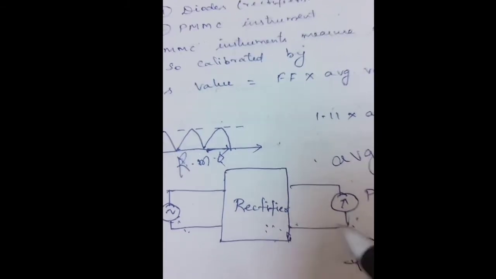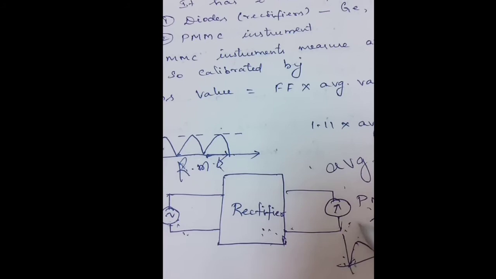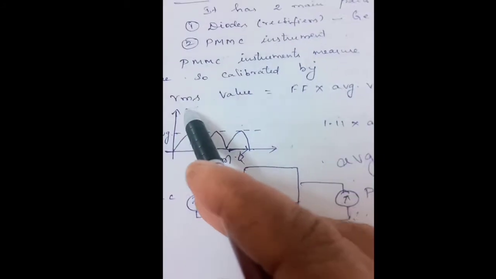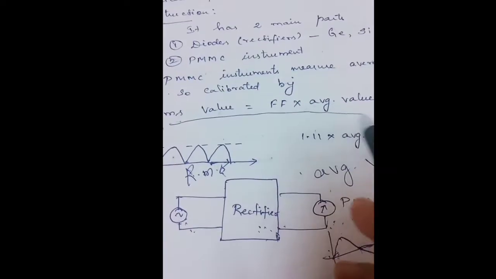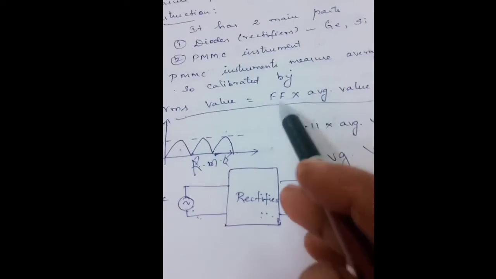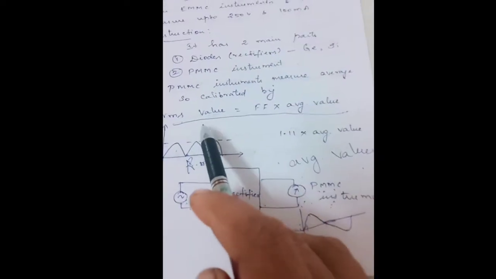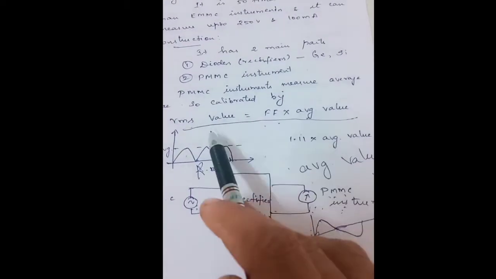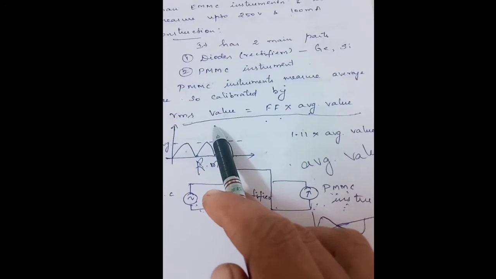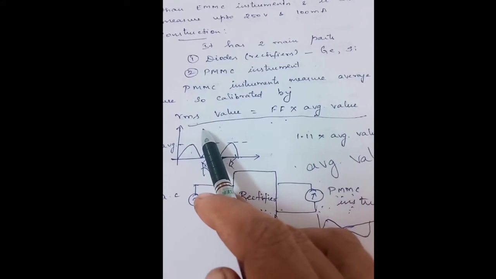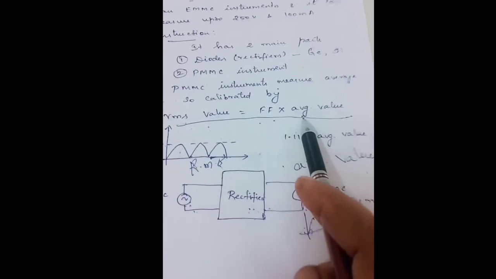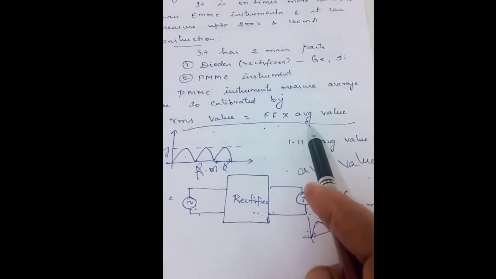How to calibrate it? We can do that using this equation: RMS value equals form factor times average value. For every AC supply, we need to measure only the RMS value, whereas the PMMC instrument represents it in terms of average value.